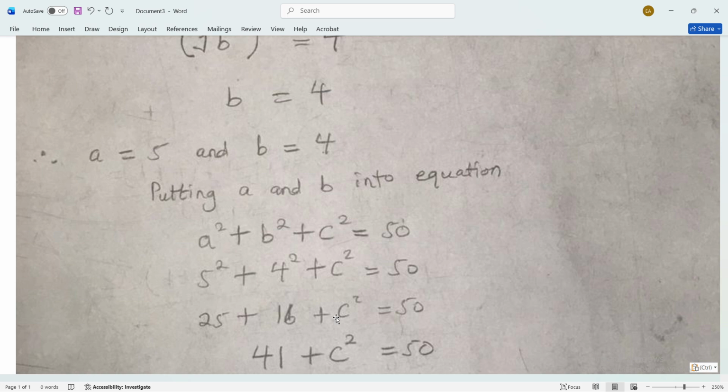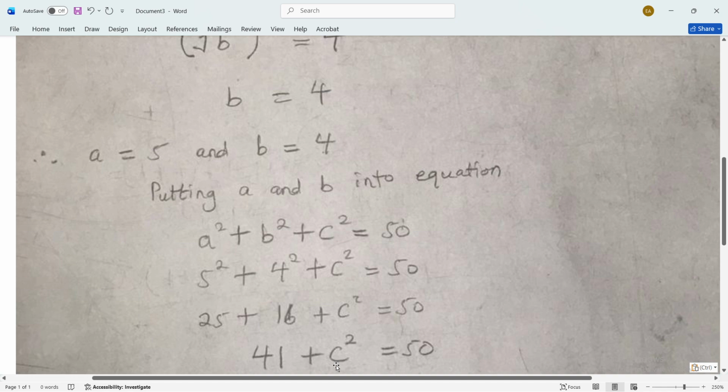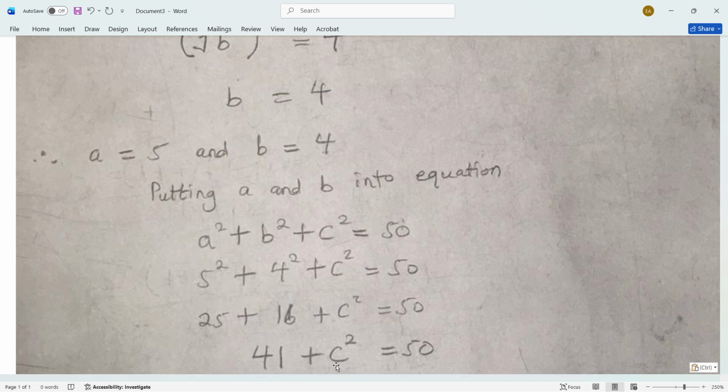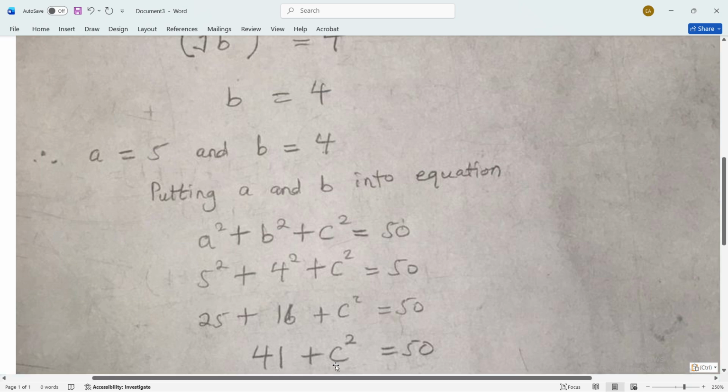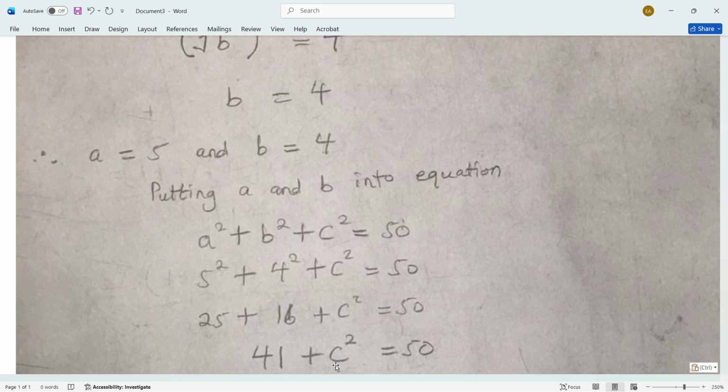So here c squared is positive, and we are looking for c. So that means 41 must leave the left hand side of the equation to the right hand side of the equation. So grouping like terms, c, which is an alphabet, and 41 and 50, which are numerals, we group like terms.